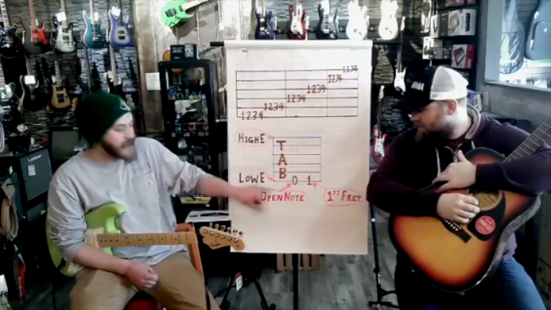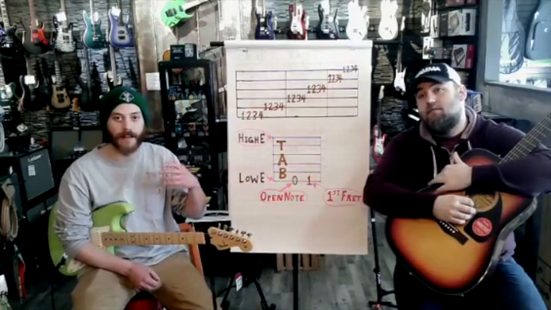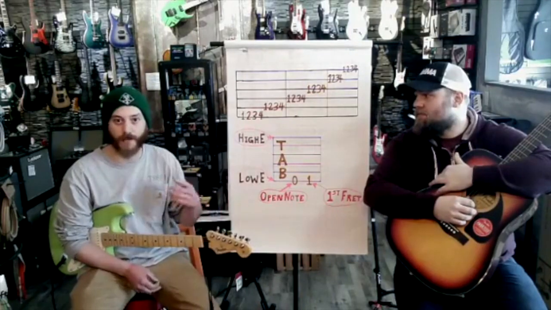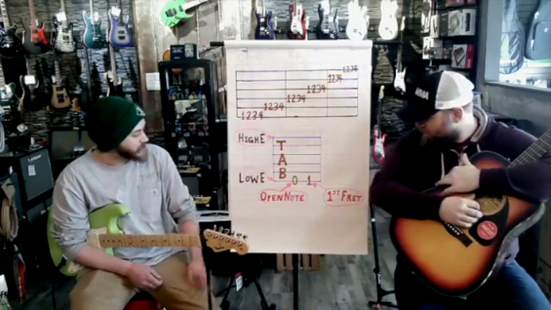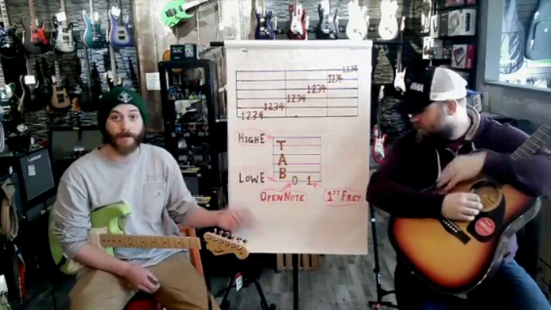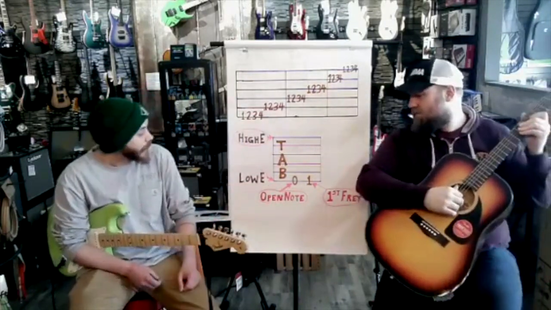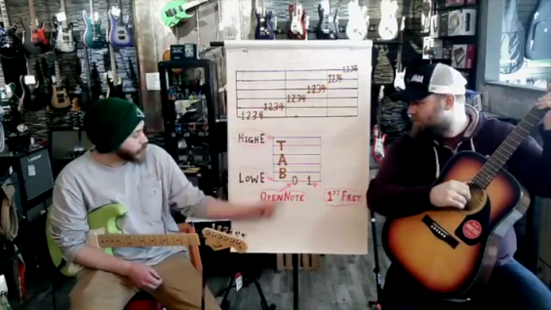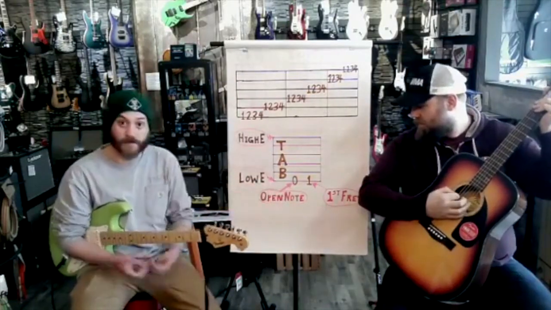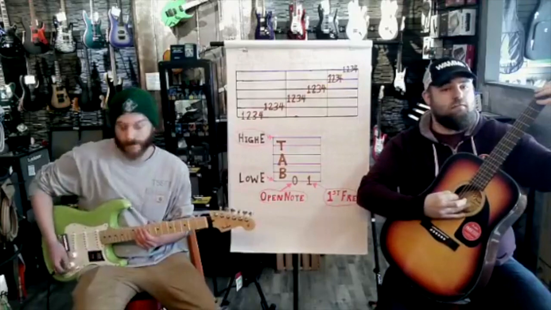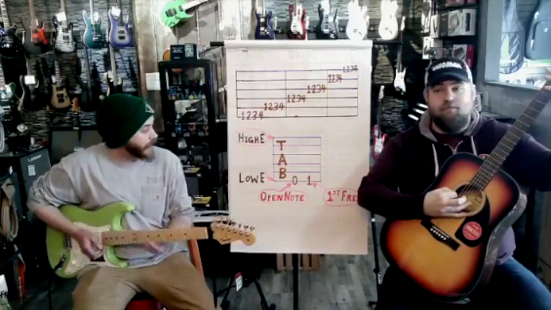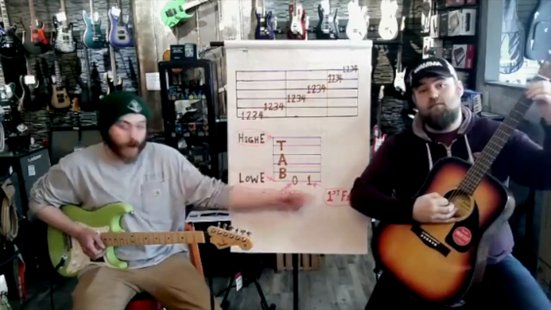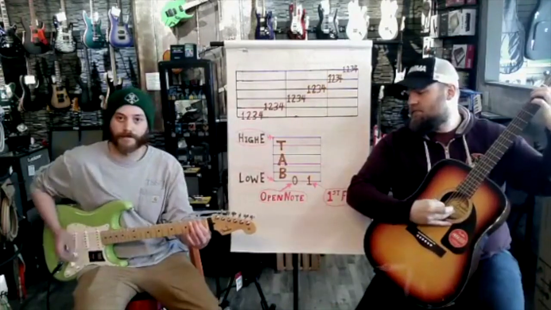And then we use numbers rather than notes or notation to represent the fret we're going to play. So for example, a 0 is just going to represent an open note, and a 1 would represent the first fret. So in this case, I have a low E, 0 is open, and then low E, 1 is first fret, right there.